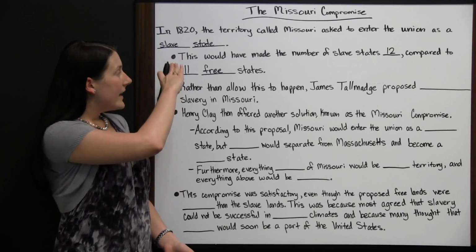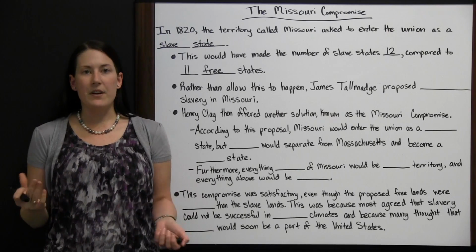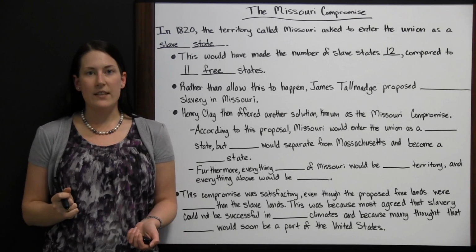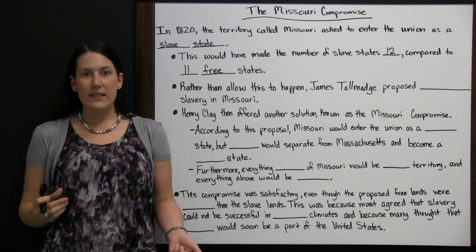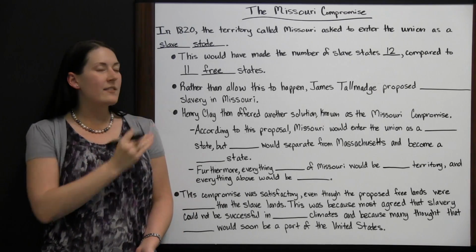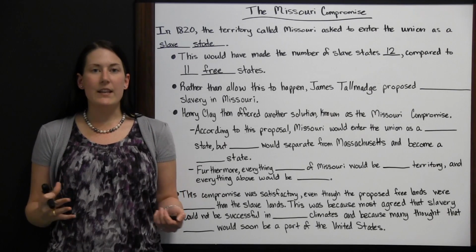Now, in 1820, there were 11 free states and 11 slave states, so there were an even number for each side of this issue. So if Missouri had entered as another slave state, this would have given the slave states the upper hand when it came to voting for different things in Congress.